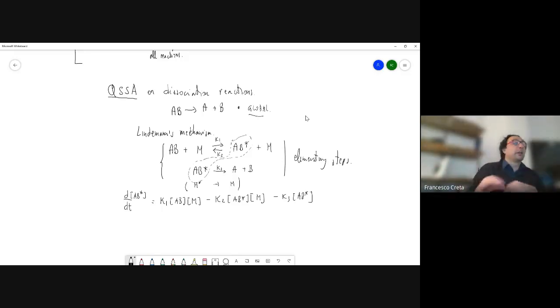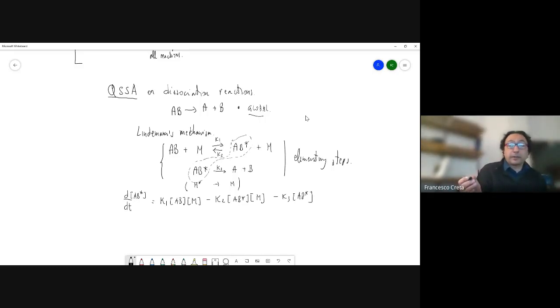So we just consider the standard form of M. It will cancel out. We're interested in AB star at this point, and the fact that there is a third body. So I hope that was clear.